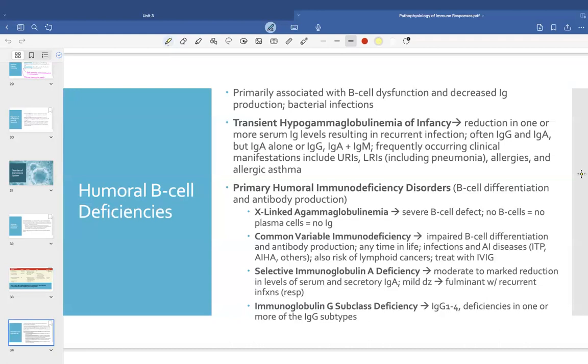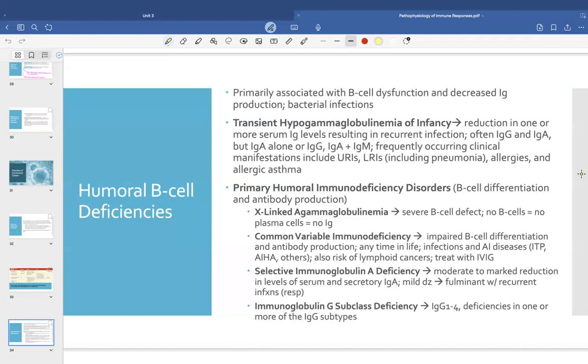As far as primary disorders, this means that these are all genetic, inherited. You've got X-linked agammaglobulinemia. So what's that say about males? They only have one X. So if they get it, they're going to display this trait.